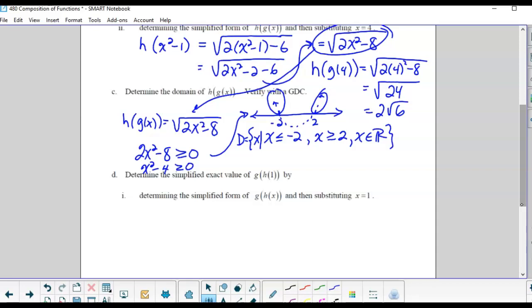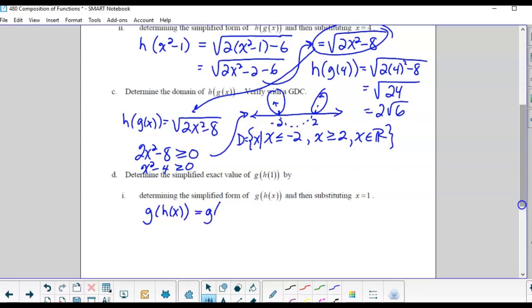Now we want to determine the simplified exact value of g of h of 1. So we're just doing what we've been asked to do, and then we want to look at the domains and see what makes sense. Okay, so the simplified form of g of h of x.